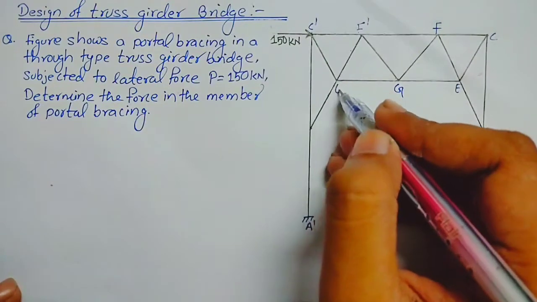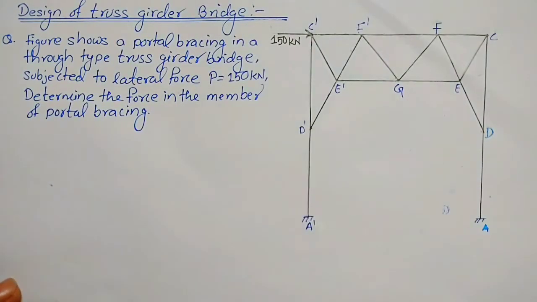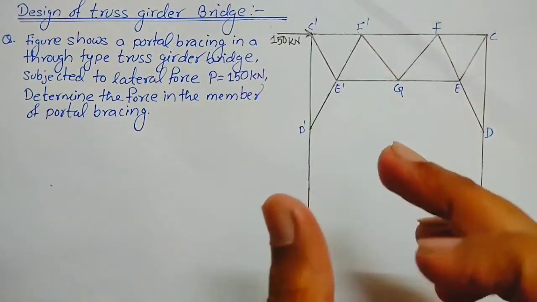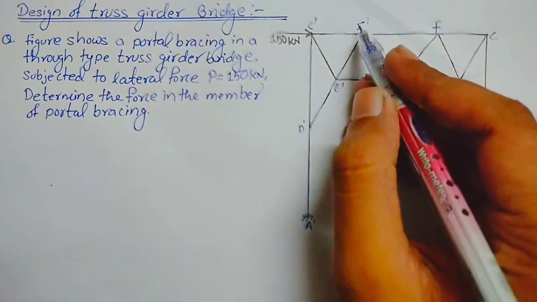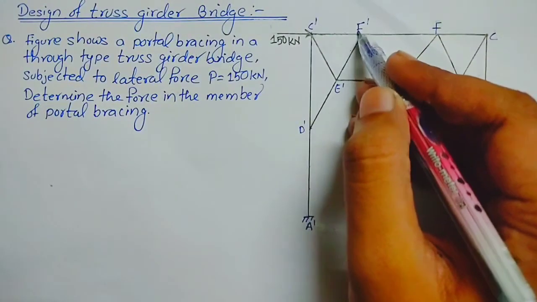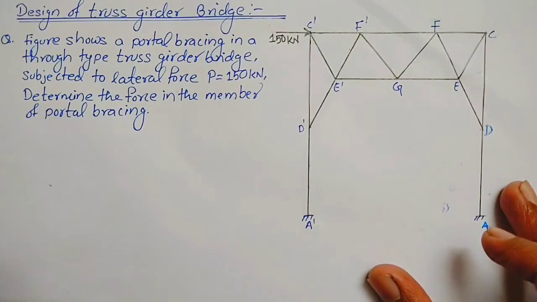Similarly, this joint by E dash, and this by D dash. I will let you know why I have named these joints with a dash. The reason will be known when we proceed further in the next steps.